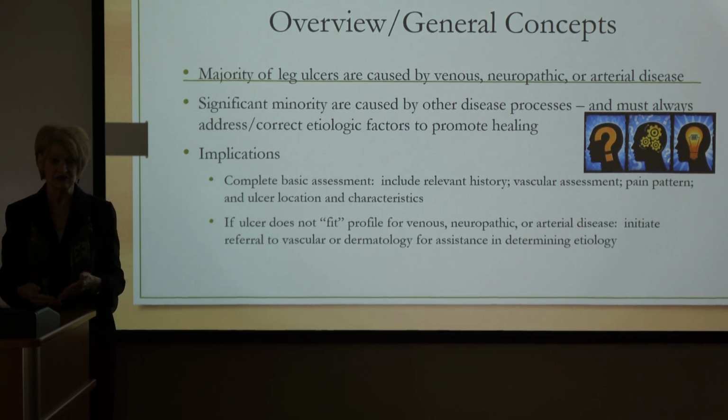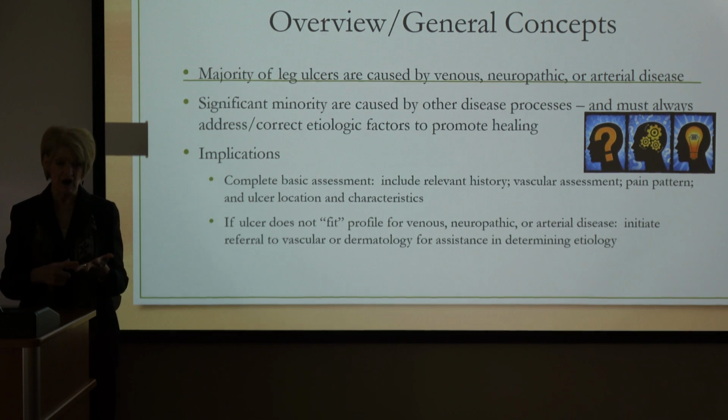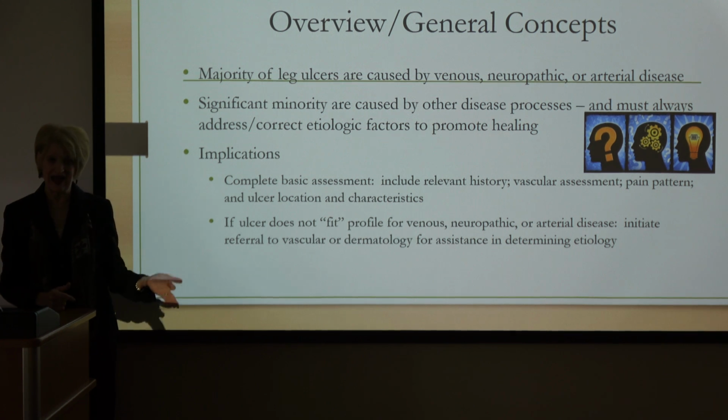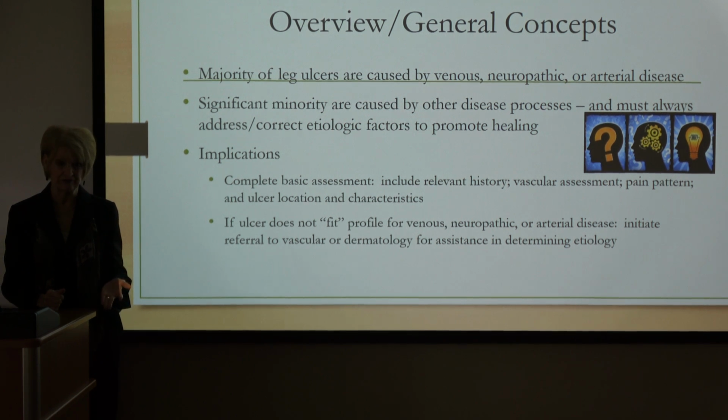What about venous disease? So we have positive risk factors. The patient's obese, the patient's sedentary, the patient has a history of DVT. Our vascular assessment rules out arterial disease as a causative or contributing factor and points toward venous disease because we have 2+ edema.